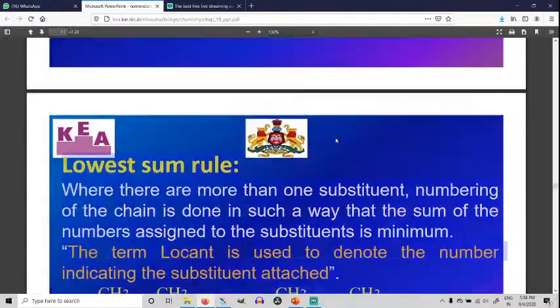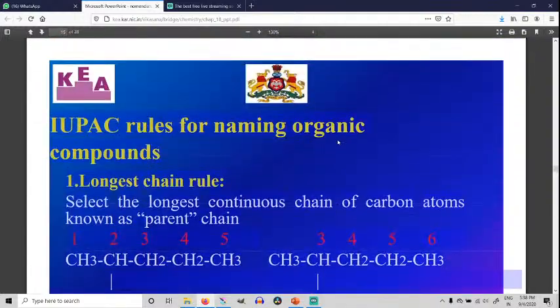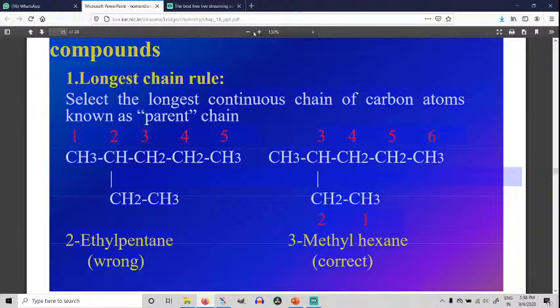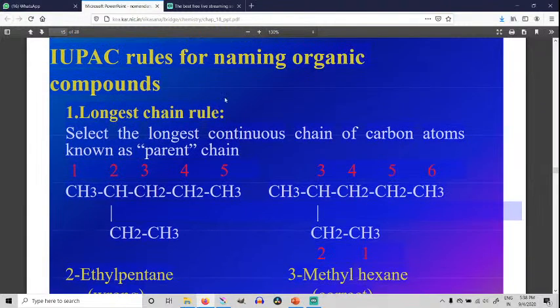If you remember those rules, what was the first rule we have understood? The first rule was the longest chain rule. We have to select the longest continuous chain of carbon atoms.